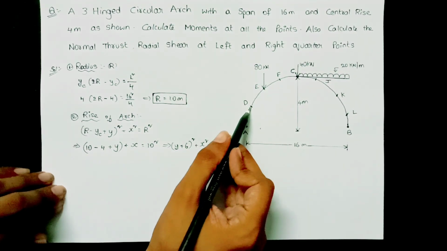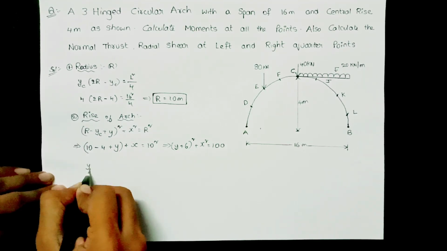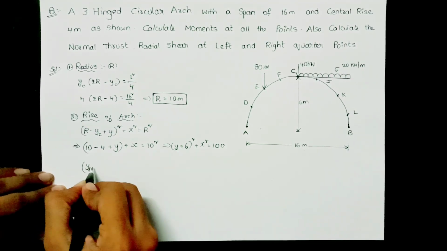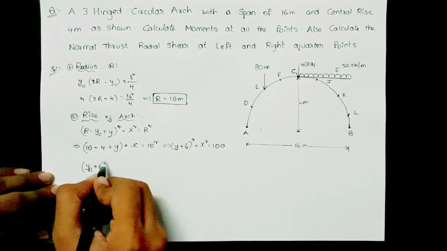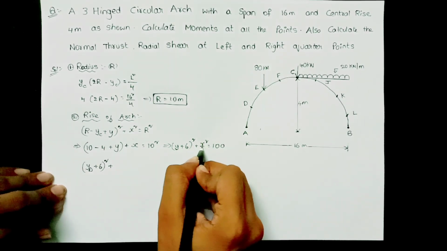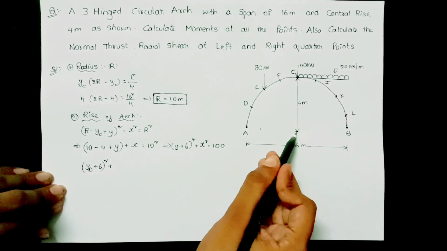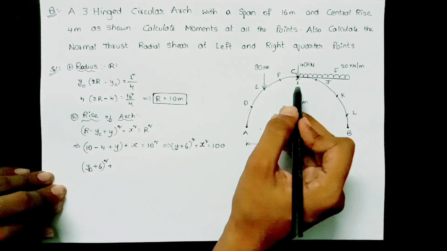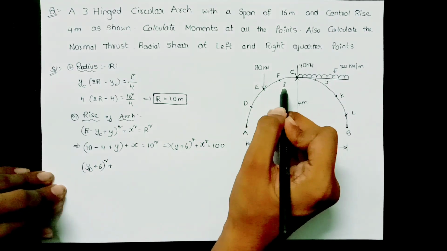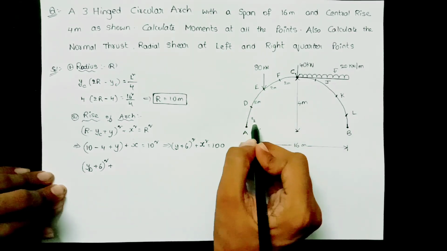So first of all, we have to calculate the rise at D. So y becomes yD, (yD plus 6) whole square plus x square. Just now I told you the x value should be measured from the center of the arch. From here it is 6 meters, because each and every point is equidistant from the next: 2 meters, 2 meters, 2 meters and 2 meters.